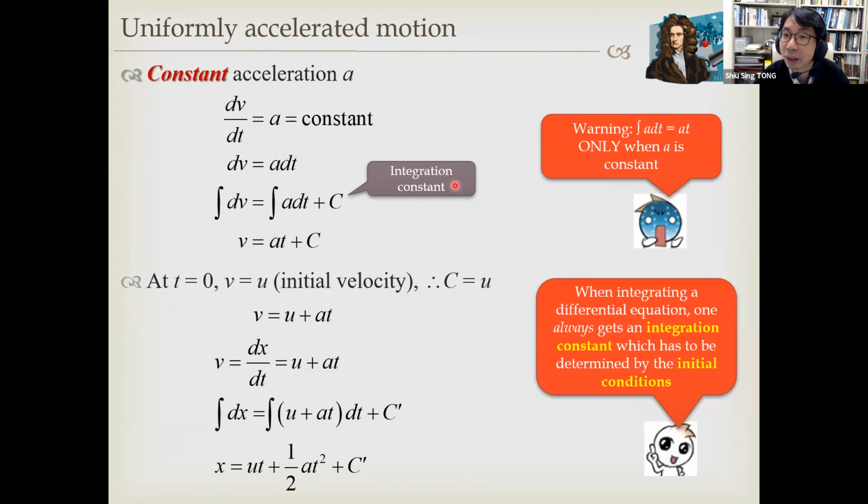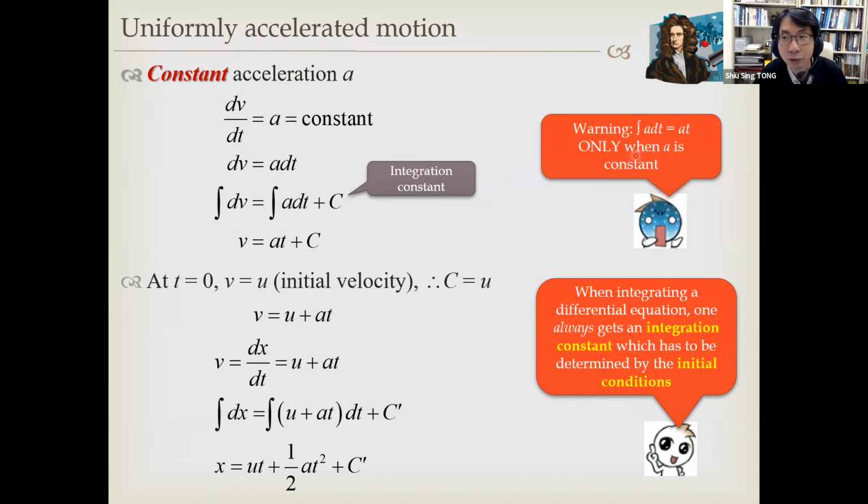Now, I must give you a warning. Integrating da/dt equal to at is possible only when a is a constant. In this case, we assume a uniform acceleration, meaning that a simply is a number. And in that case, I can do that. But imagine if a is given as a complicated function of velocity and position, you can't simply do that integration.